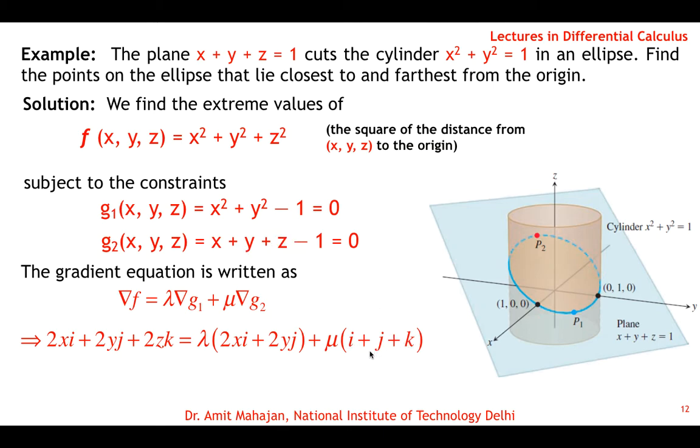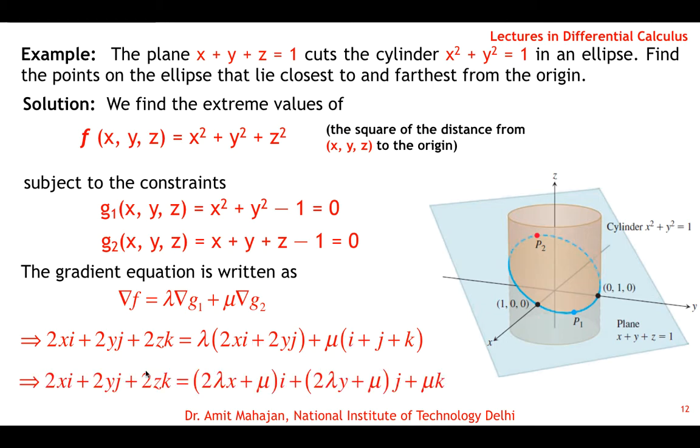So we can combine these two to write in ijk form, and then we can compare both sides to equate the coefficients of i, j and k. So 2x must be equal to 2 lambda x plus mu, 2y must be equal to 2 lambda y plus mu, and 2z must be equal to mu.